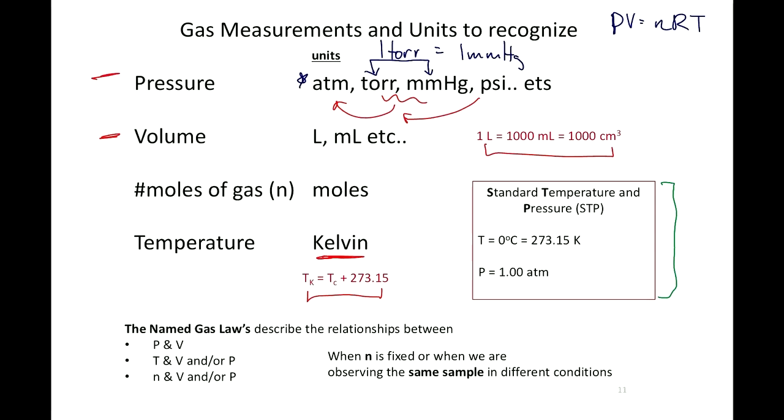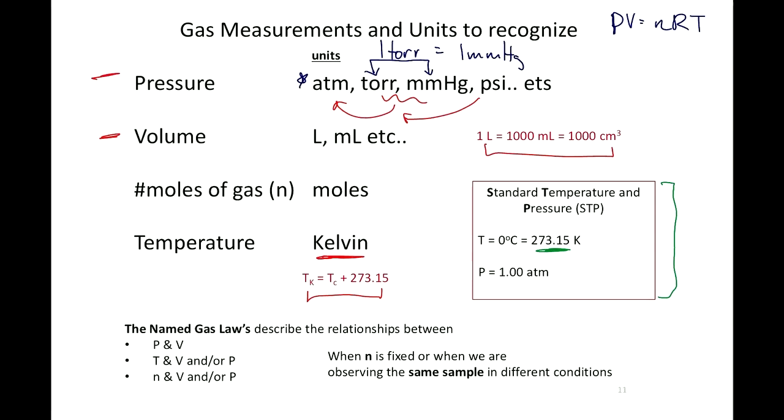It's easier for me to say STP than to say 1 atmosphere and 0 degrees Celsius. So that's why we have this reference point that scientists often use. If I say STP, it means 0 Celsius, 1 atmosphere. But remember, typically we want the Celsius in Kelvin, so 273 Kelvin is the way to go if you're using the ideal gas law.